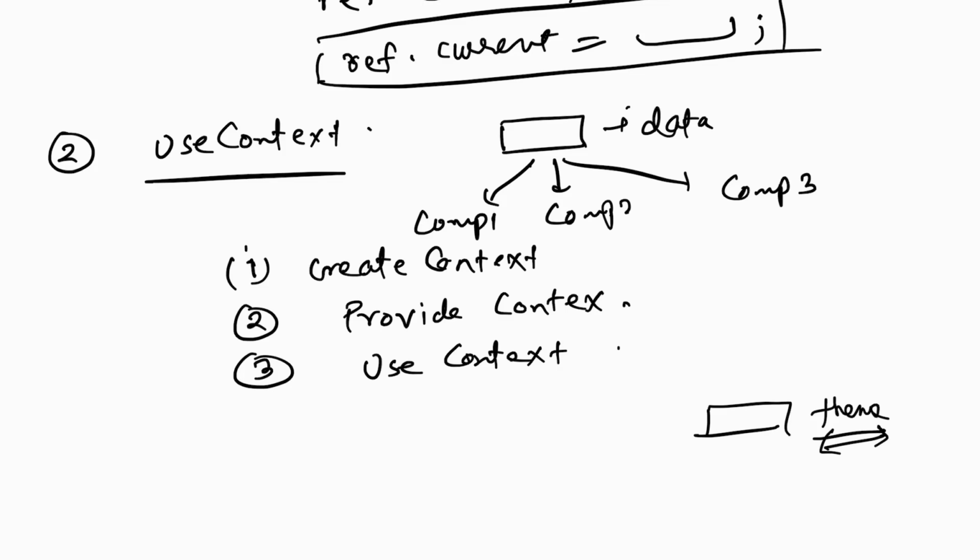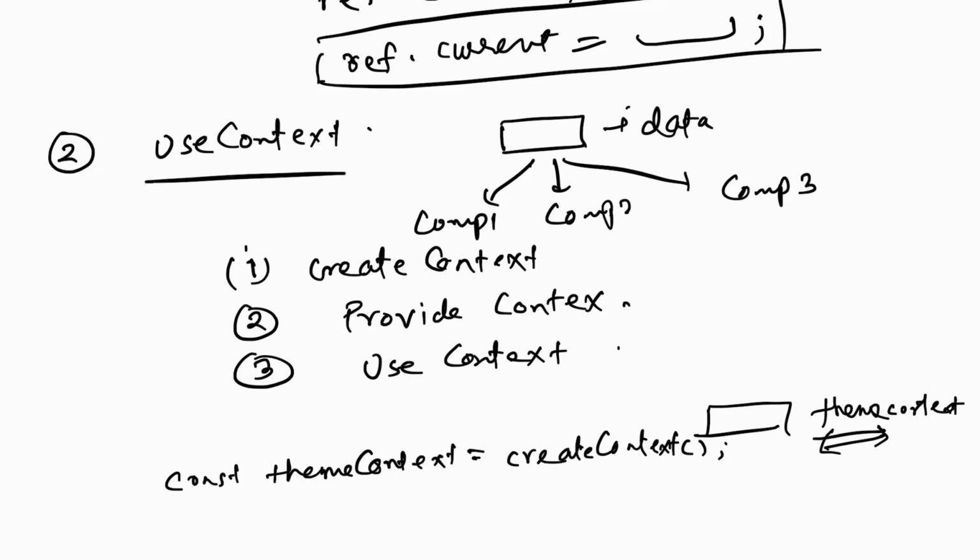If we are passing some value, gray, all components will use that value gray. So we'll create a const themeContext, and we simply write createContext.